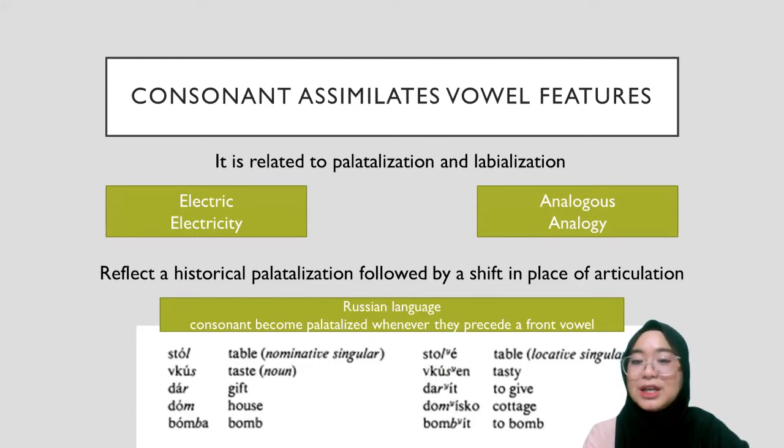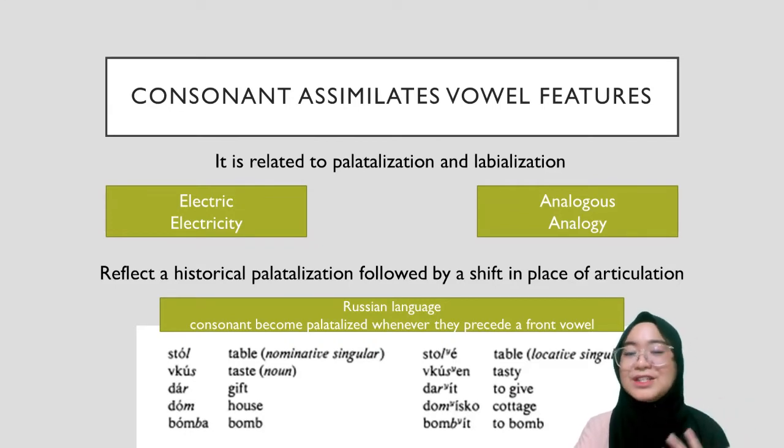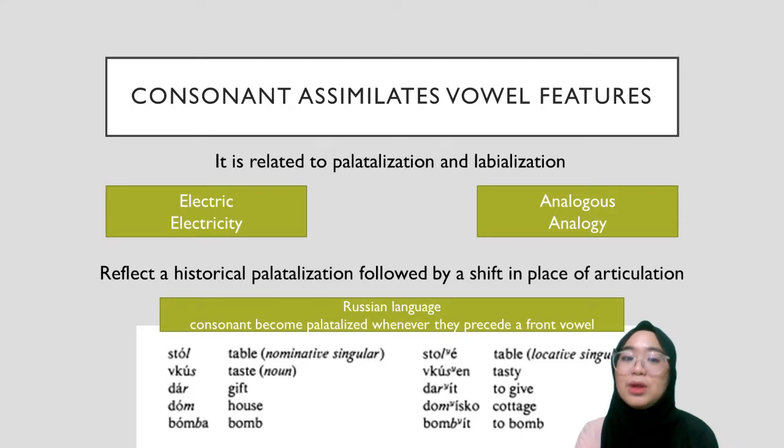So it is related to palatalization and labialization. For example, electric and electricity, analog and analogy. You can hear the difference whenever you pronounce them. See, there is part of the consonant assimilated into the vowel feature.